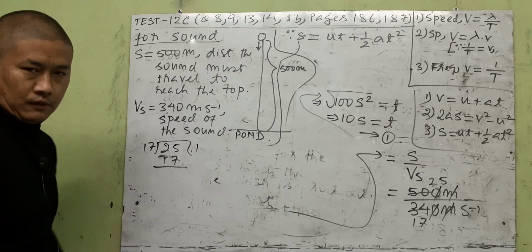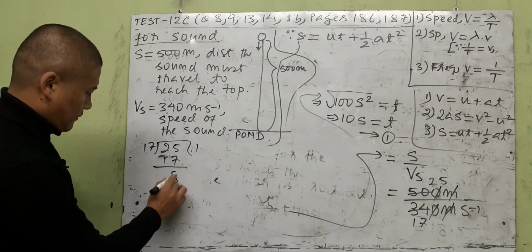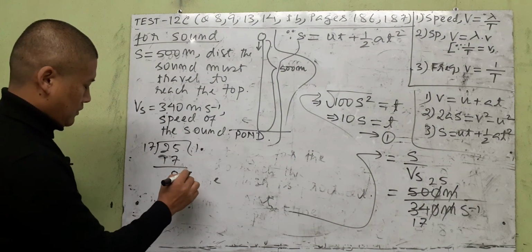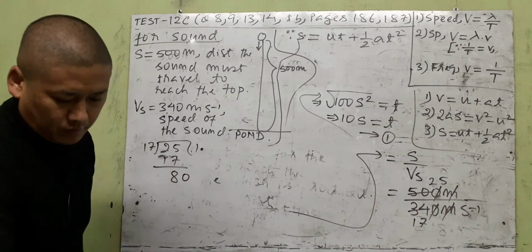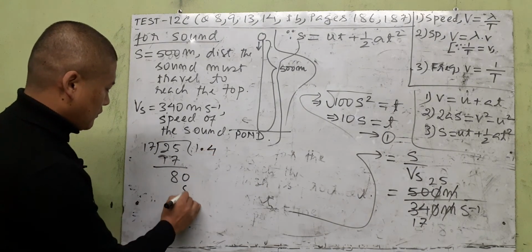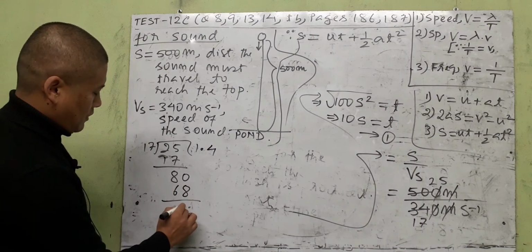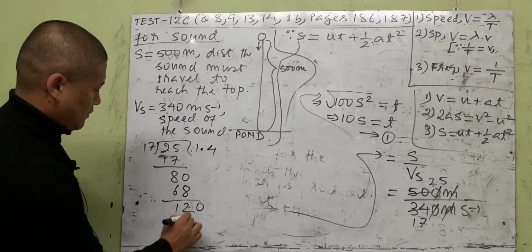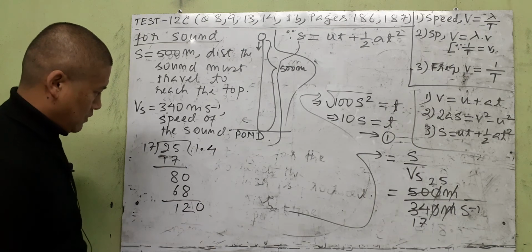Then 15 minus 7 is 8.0. Then 4 will go, 4 sevens are 28, 4 ones are 4, 5, 6, 2, and 1 and 0 again.